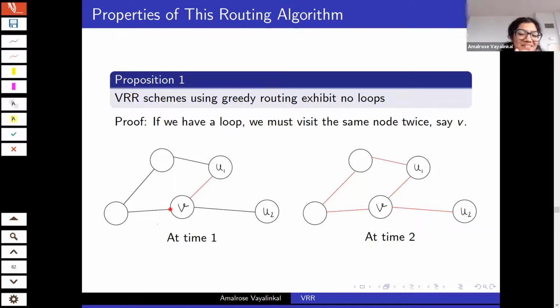So we would never have the option to go to U2, because there's only one intermediate target at V that's the best possible choice. And the path to that intermediate target is either going to be U1 or U2, but it won't change from time 1 to time 2 because there's no new information on the routing table.